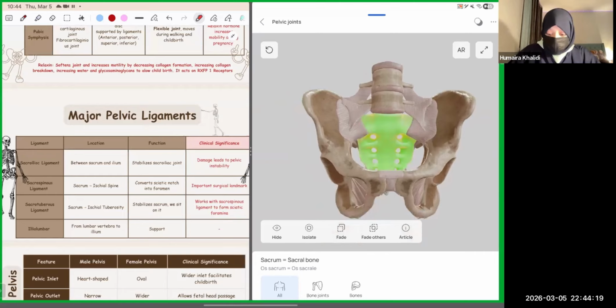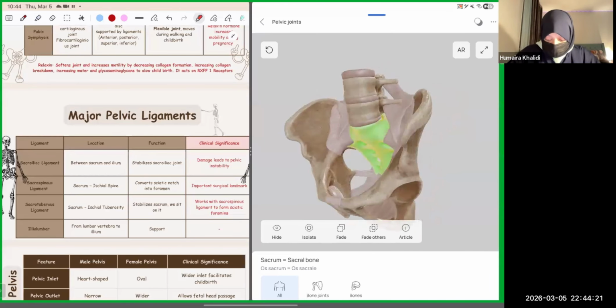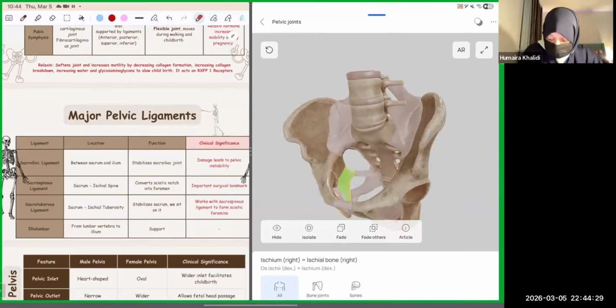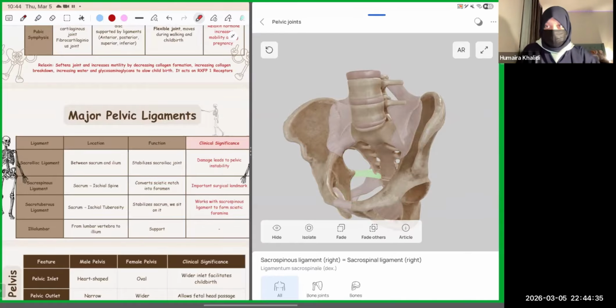Then you have the sacrospinous ligament. As I mentioned, this is the ischial spine, the one which is protruding over here, right? Do you see this ligament? Do you see what it says here? It says sacrospinous ligament. That's what it is. What does the sacrospinous ligament do? The sacrospinous ligament forms the inferior border of the greater sciatic foramen.